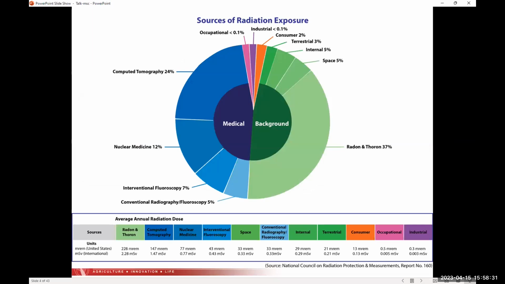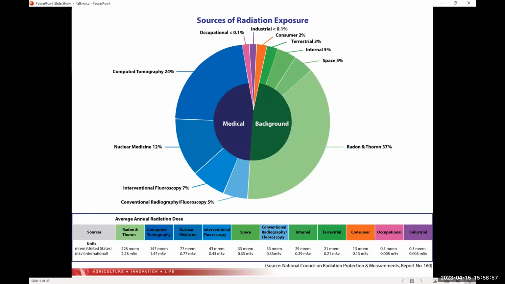There are two major radiation sources. We could classify them into two: the background radiation, and the second one is the man-made radiation. We could see from the man-made radiation, which is majorly from the medical exposure, 24% of these exposures are from the CT scans.